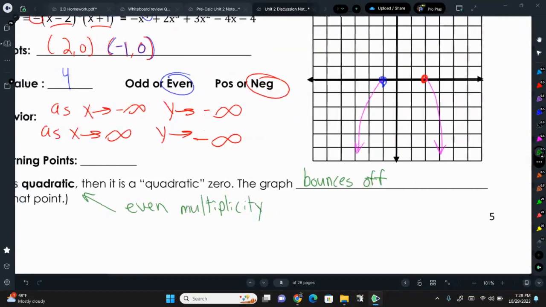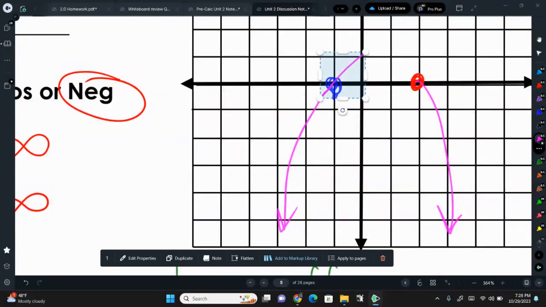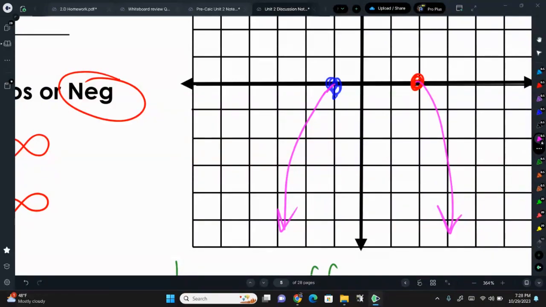So what that looks like here in our graph, instead of doing what we did in the last problem, going through in a cross, it bounces. So it touches the x-axis and then it comes back down. Well, we have to eventually turn up and touch right here, and we should bounce off this one too.